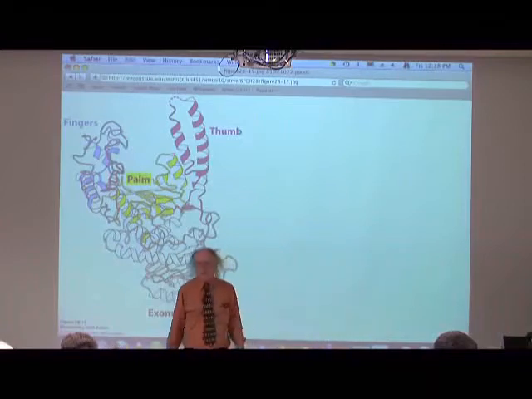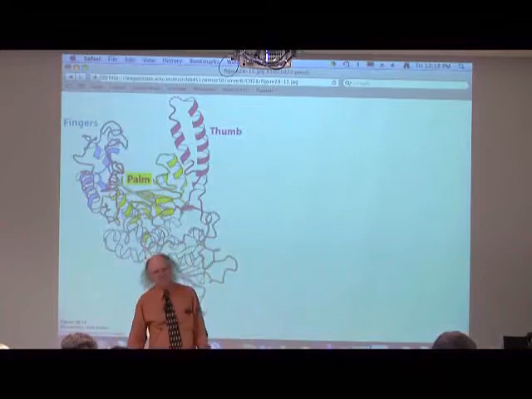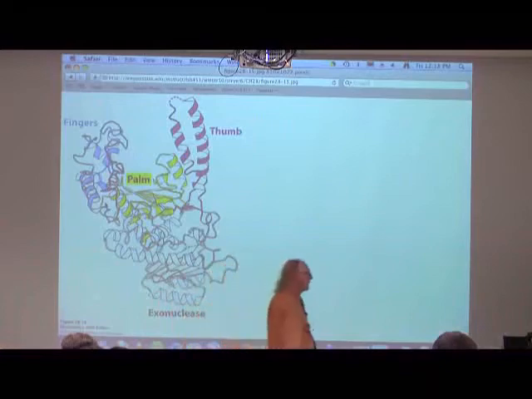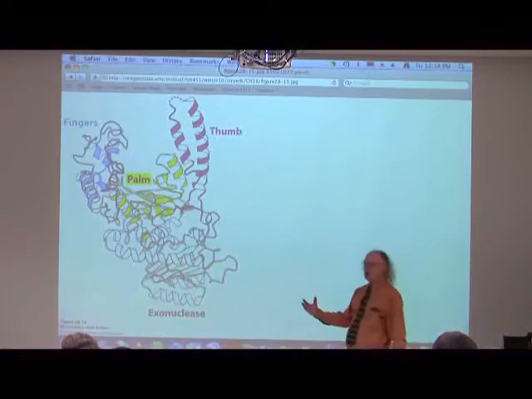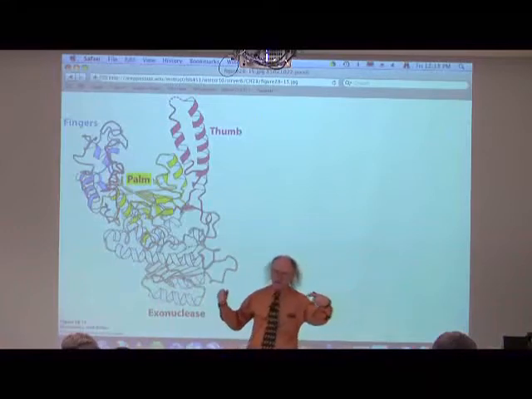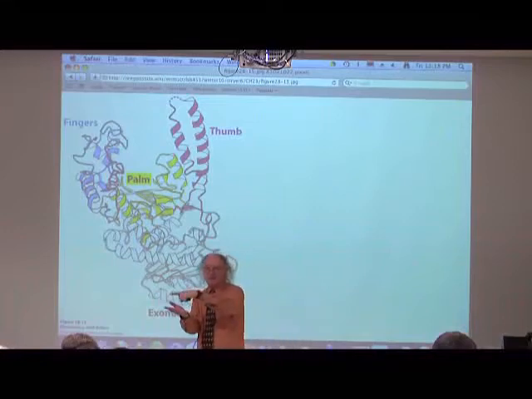Yes, Megan. So does it happen simultaneously, that the enzyme is adding nucleotides and it's checking to see if it did it right a few nucleotides back? Okay, so our question is, is the checking going on simultaneous with the addition? And the answer is sort of. You could imagine if you put an A across from a G, you got a little bit of a bulge. That bulge may pose a barrier to going any further, or that bulge may not be realized until the enzyme itself gets a little bit further.